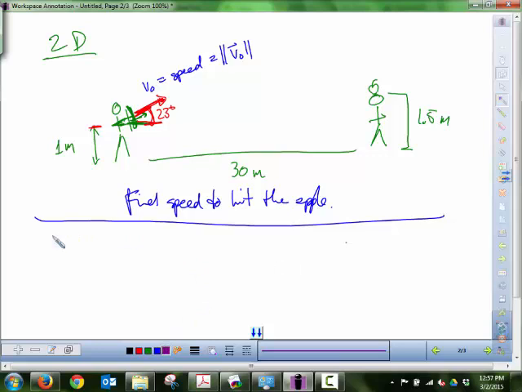So let's collect what's given. Let's say that we're given the acceleration, which is provided that there's no wind. Well, that's another thing. I can add wind here to provide some more acceleration in the x component, but let's not do that for right now.